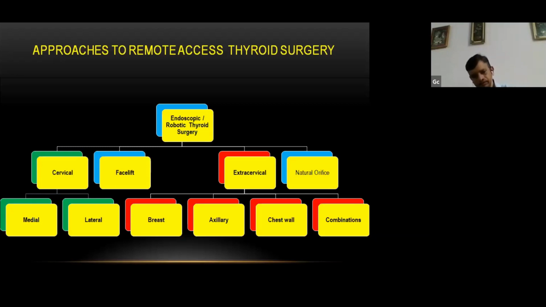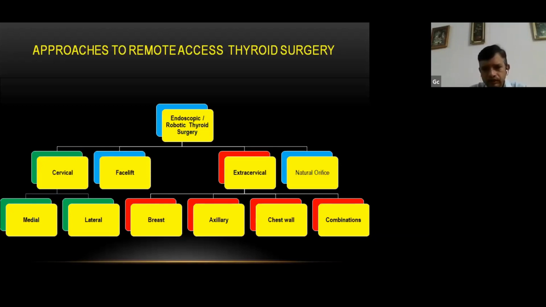Then in further development, they went away from the chest wall to the axilla. So they reach up to the axilla, and from the axilla they approach the neck. All these developments started in Japan.